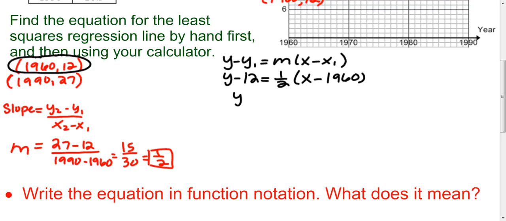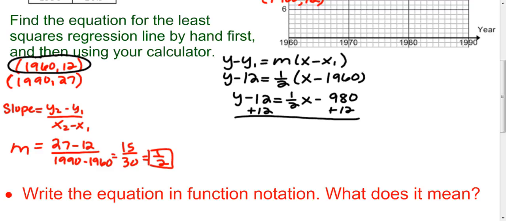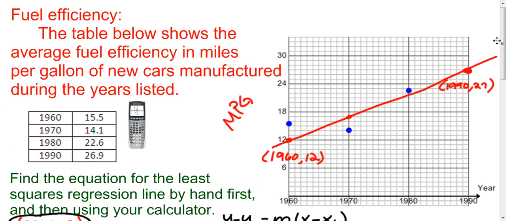I'll distribute that 1/2 through. So I'll have 1/2 x, and then half of 1960 would be 980. Okay, add the 12, and I will get y equals 1/2 x. Negative 980 plus 12 is negative 968. Okay, so that right here would be the equation for that red line that I just drew.